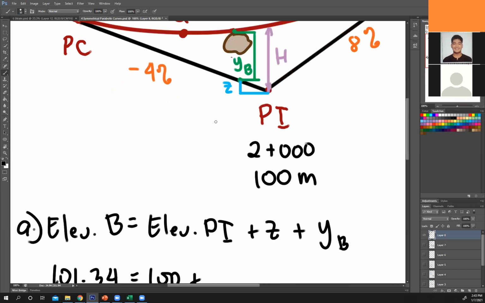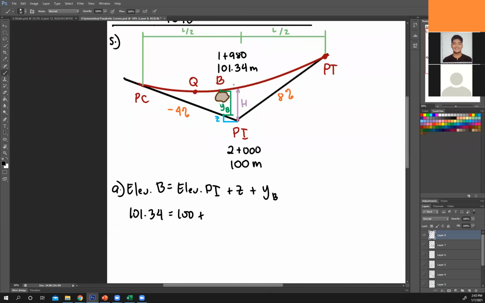So if I zoom in here, this is our right triangle, right? Then this is your grade, this is rise, this is run. Let's zoom in on that. So here. So this is your Z. This has a grade of 4%. And this, what is this length?